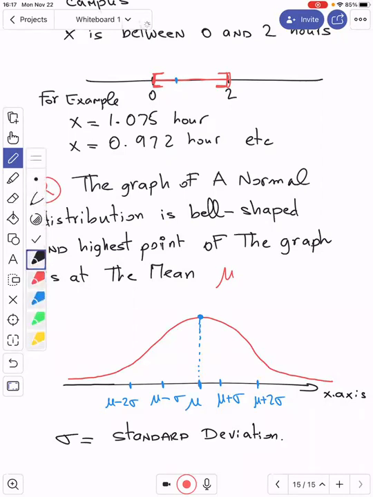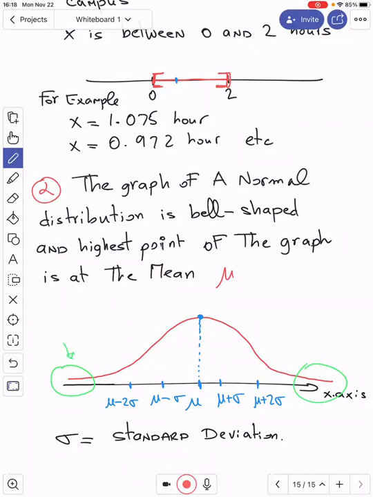One more thing, guys, about the graph is that the curve approaches the x-axis, but it actually doesn't touch it. It gets as close as you want to the x-axis, but it never touches the x-axis. So there is no intersection.